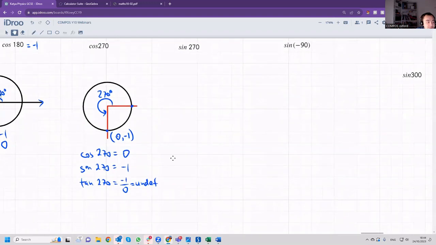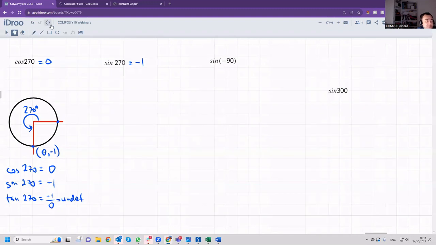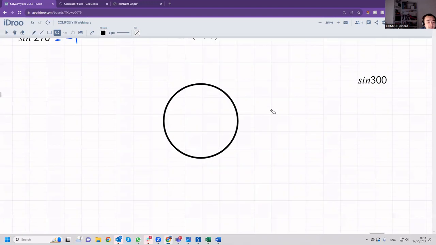So cos 270 is 0, and sine 270 is minus 1. Sine minus 90 is an interesting one. Minus 90 means we're going the other way, because positive means going anti-clockwise and negative means going clockwise.